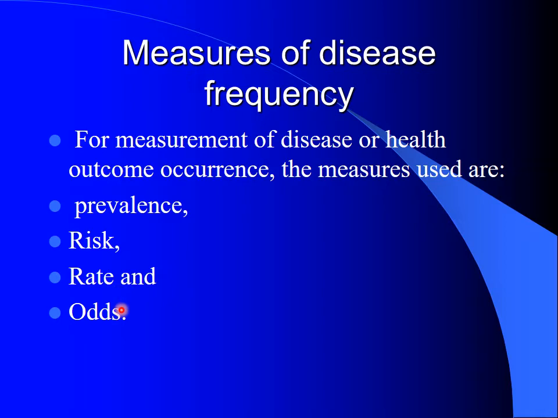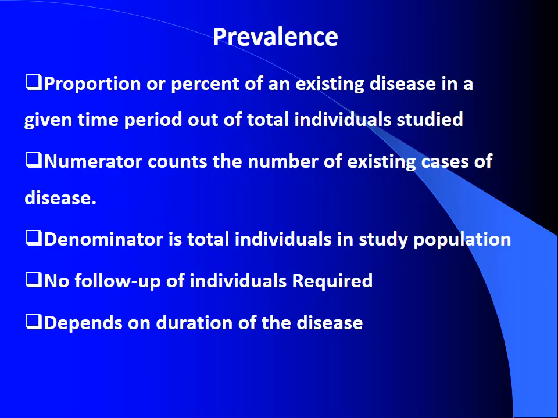Odds is another measure, used where the above two measures are not available and our study is not a follow-up study. So a measure of disease occurrence in terms of a mathematical ratio is used as odds. We'll speak about each one of them, one by one.